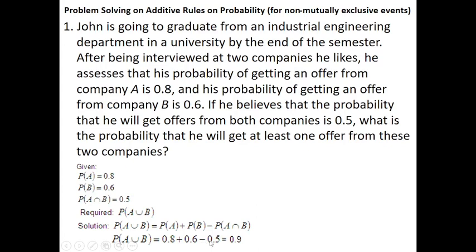Ibig sabihin yan, ito yung tsansa na kung saan matatanggap siya sa A, o kaya matatanggap siya sa B, o kaya pareho siyang matatanggap sa A and B. Okay? So yun ang interpretation niyan.